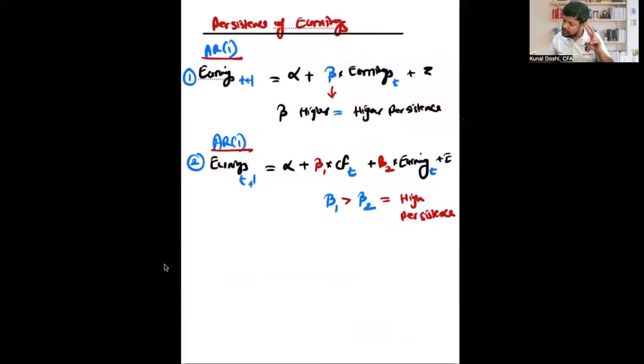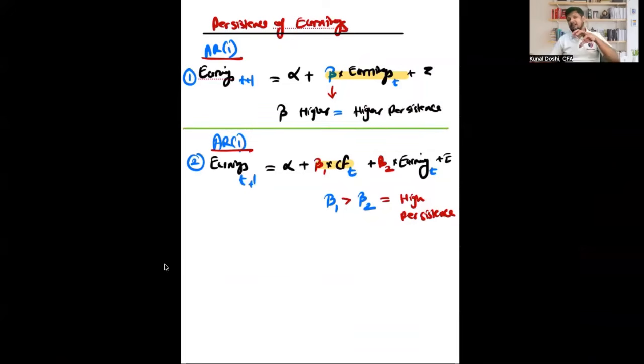These two things I've measured here are both actually AR(1) models. In the first, my earnings are just based on the previous year earnings. But if I take the cash flows into account also, how will I say there is higher persistence? In the normal earnings model, higher persistence is when the beta is higher.